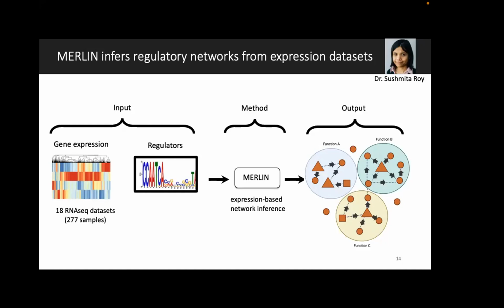So in our case, it was all the RNA-seq data sets for Aspergillus that we could find. In this case, it was 18. And a list of regulators. So in our case, it was all the transcription factors, all the signaling proteins that we knew about in the fungus, and any gene that had the GO term annotation of development, regulator of gene development.